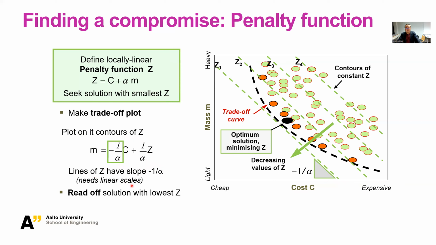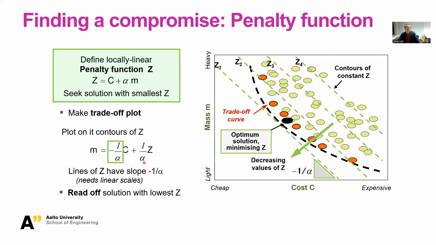Because we have the y-axis as m, mass, and the x-axis as c, cost, we have to reverse everything. The slope will not be alpha here, because the y-axis is m. So the slope is -1 over alpha.